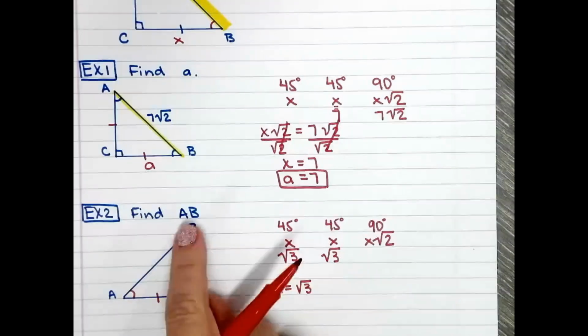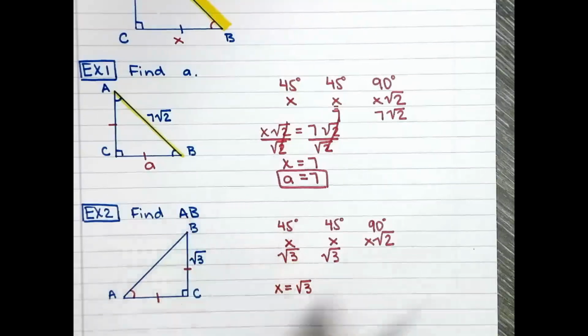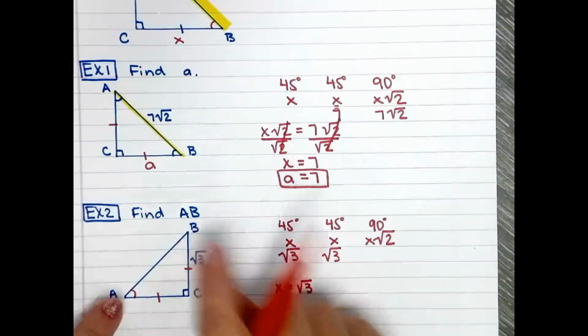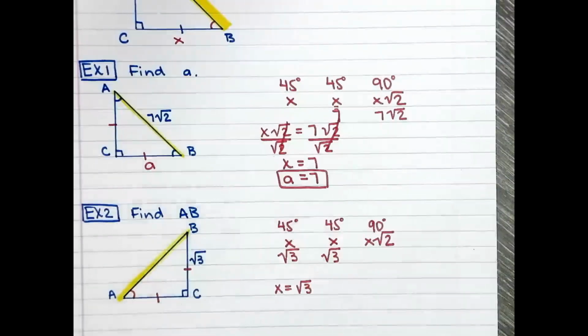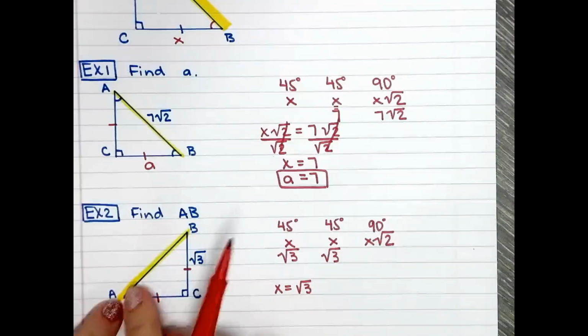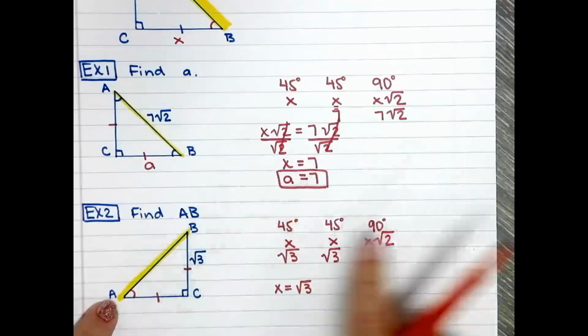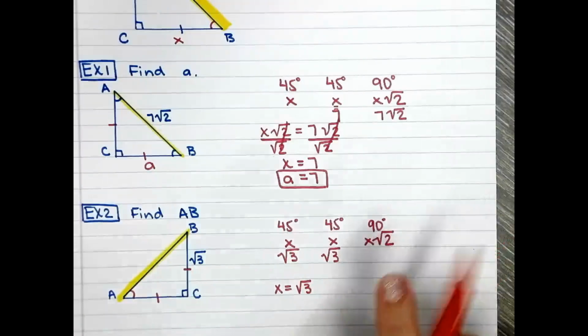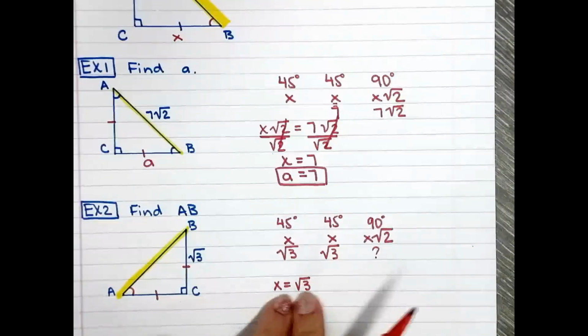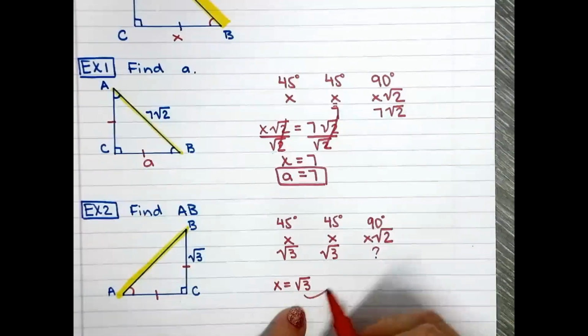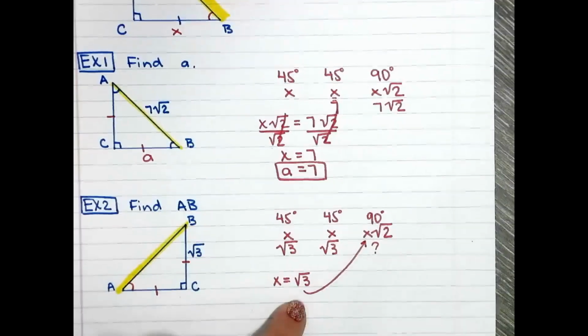But the question is asking, find the length of AB. So AB is right there, the hypotenuse. The length of AB is directly across from the 90-degree angle. So we're looking for this one right here. I already know x is square root of 3, so you substitute the value for x.